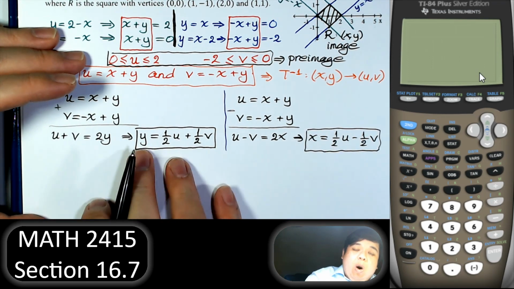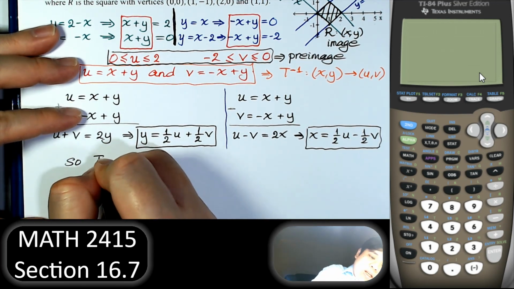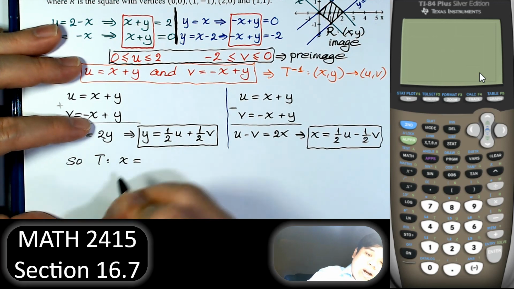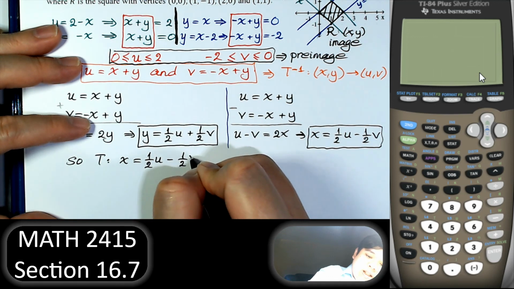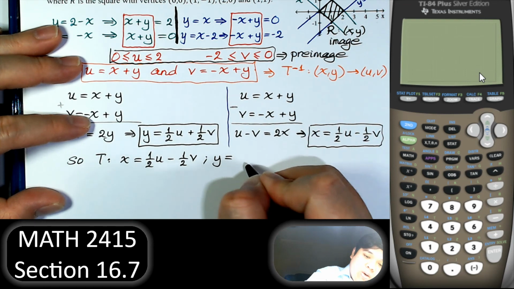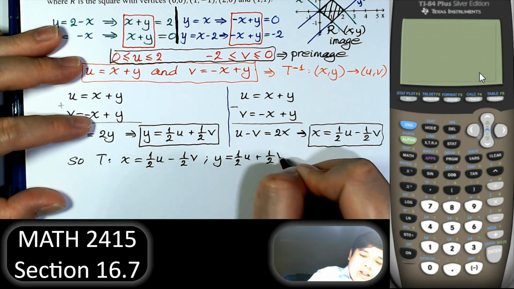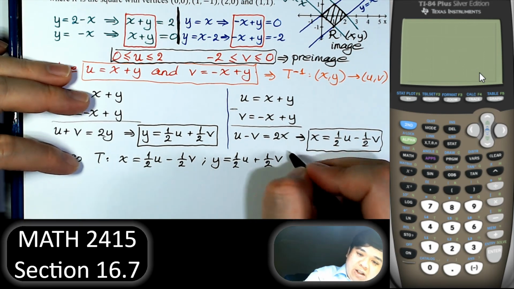So we have x and y in terms of u and v. So that is the transformation. So T, the transformation: x equal to 1/2 u minus 1/2 v, y equal to 1/2 u plus 1/2 v. And that is the transformation.